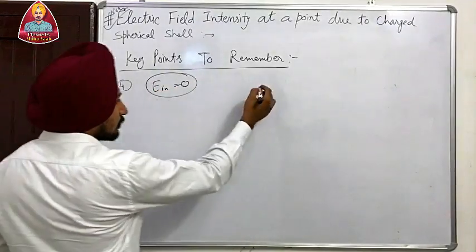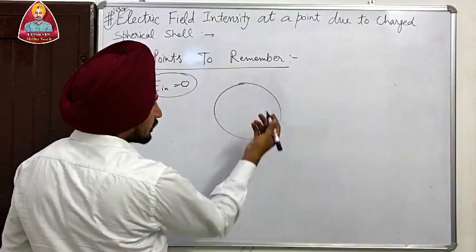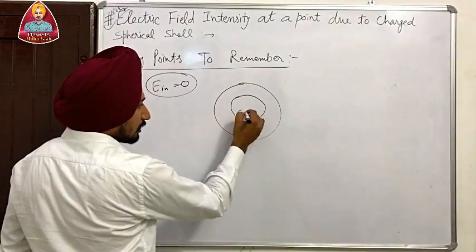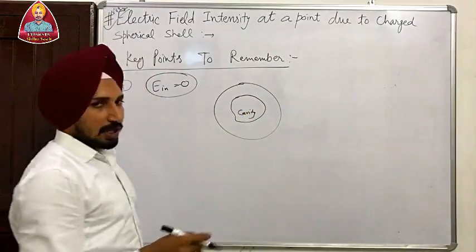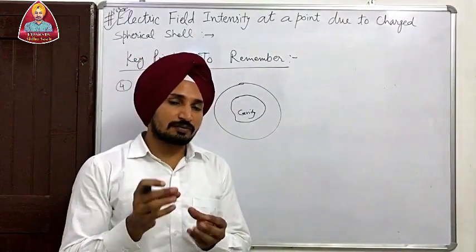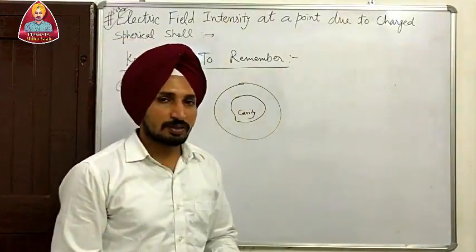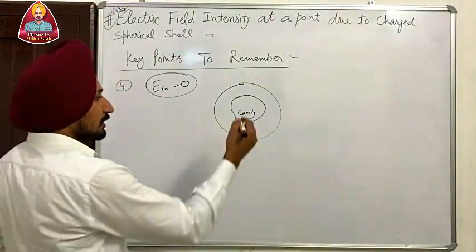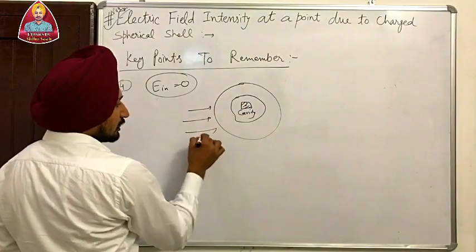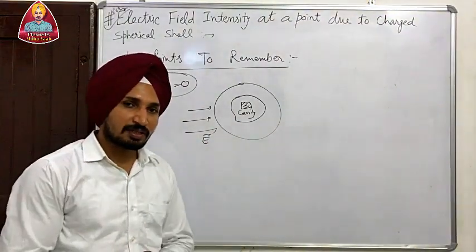Let us consider this is a cavity. Cavity means the hollow part, some space inside a conductor. So we put that material in this region so that it can be protected from outside electric field. Electric field cannot pass through a conductor.